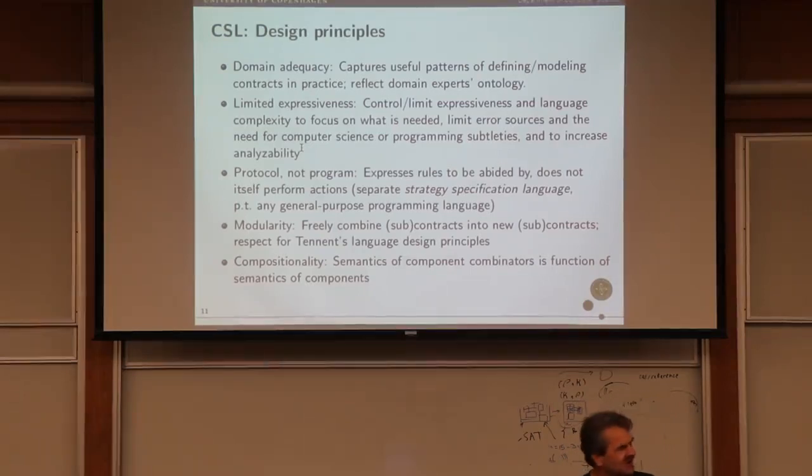And then if you discover, I need to extend it, well, it's a domain-specific language by definition. You should face the risk of, I have to change it, okay? So the language complexity should also be least for the users, and we should also limit error sources. The more tools you have, the more you can shoot yourself in the foot. So let's limit those. For example, there shouldn't be a need for computer science or programming subtleties.